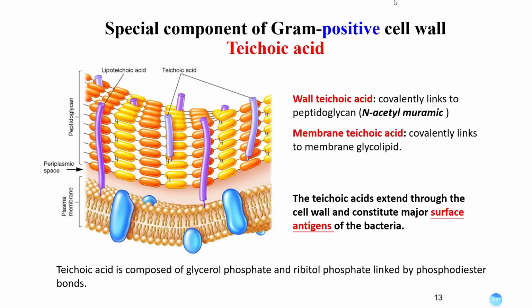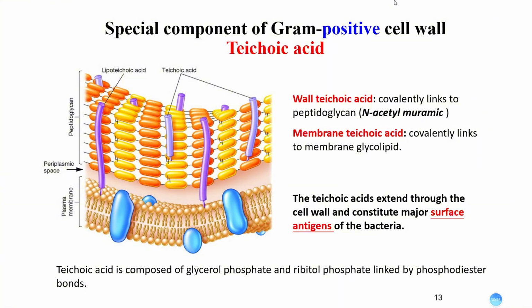We worked on teichoic acid modification, and we had one paper published. If some modification on this molecule changes, the bacteria can be more resistant to chemicals, to medicine. So this is the special component of the gram-positive bacteria.